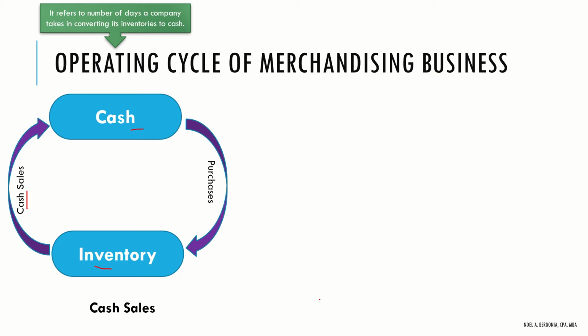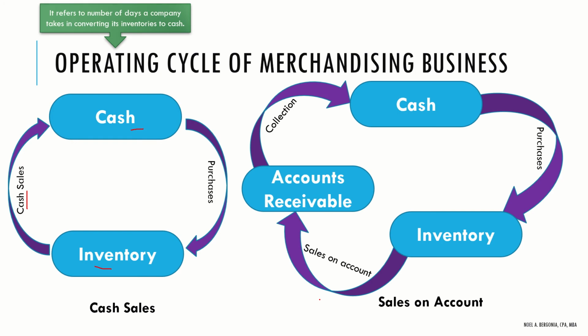On the other hand, if we have sales on account, meaning pinapautang muna natin yung ating merchandise, it will still start first on our cash and then we will buy the inventory. Then we will sell that inventory on account or on credit, yun po yung terminology natin, and it will become accounts receivable.